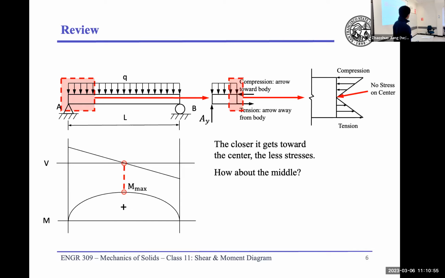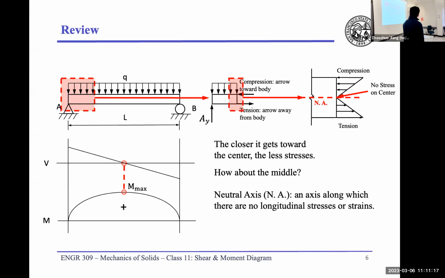At that point, we have no stress. So the top is in compression, and that compression is going to decrease. In the middle it becomes 0. And after that point, it becomes tension, small at first, increasing until the end. That is the biggest. That is how this stress looks.